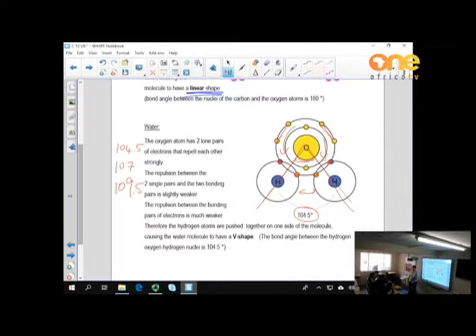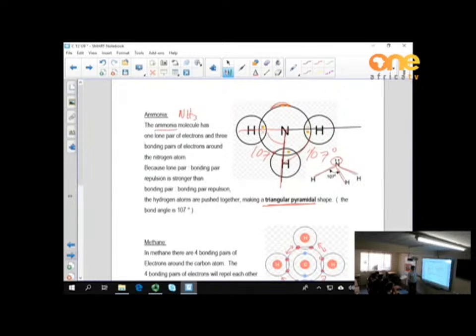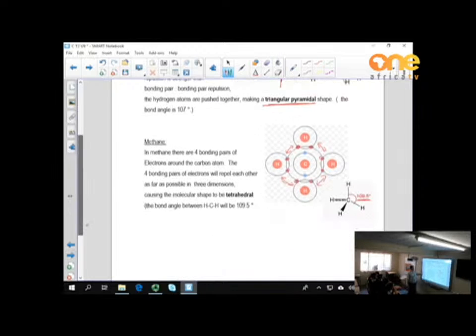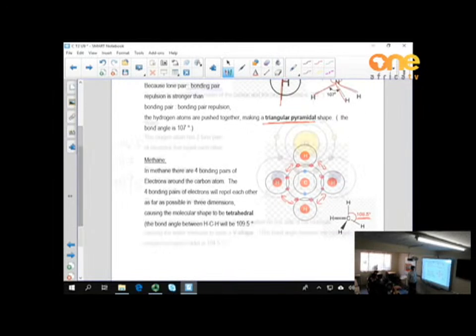Methane only has bonding pairs which repel each other equally weak in all directions, while in the ammonia molecule there is one single pair that repels the bonding pairs fairly strongly away. All right. So you need to try and remember the size of the bond angle. Okay.